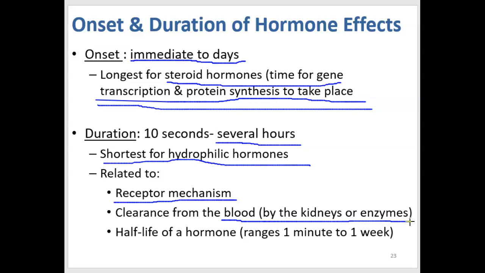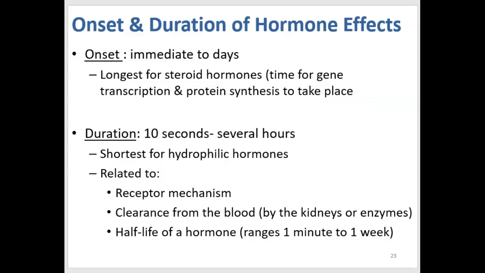And it depends on how long that takes. And also hormone structure can break down. So there's a certain half-life of every hormone in the blood. So it really varies. Generally speaking, steroid hormone onset is longest, duration also longest for steroid hormones. But any hormone has a longer lasting effect, but takes longer to see a result than the nervous system.